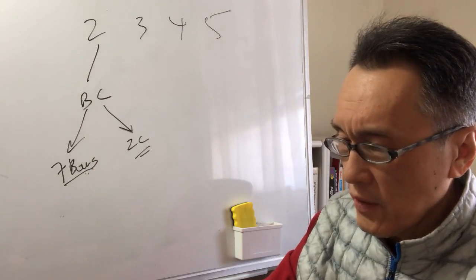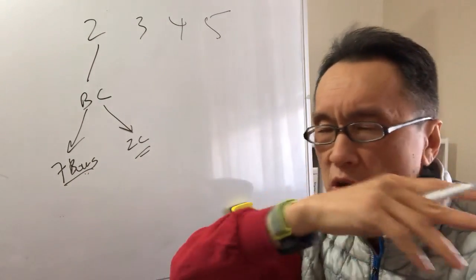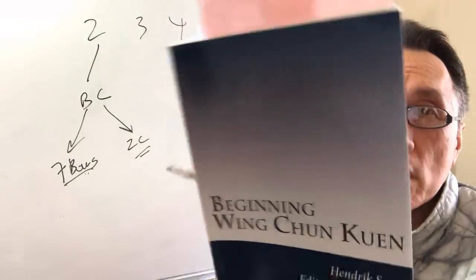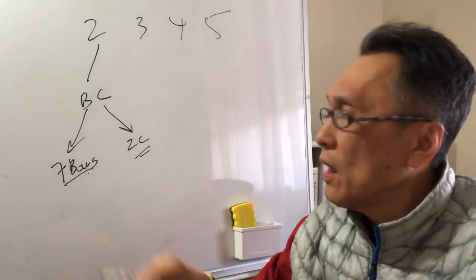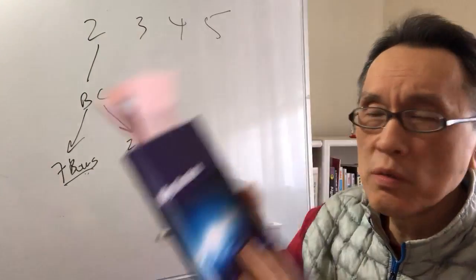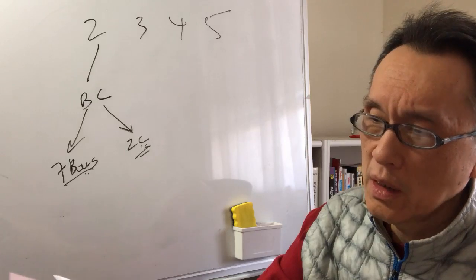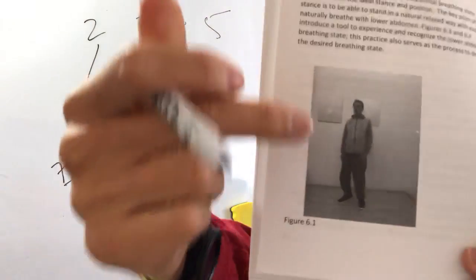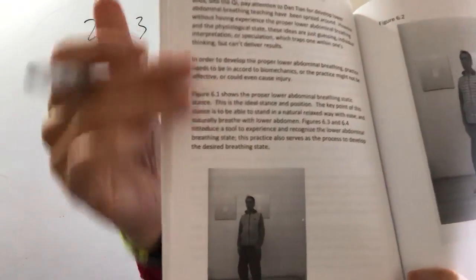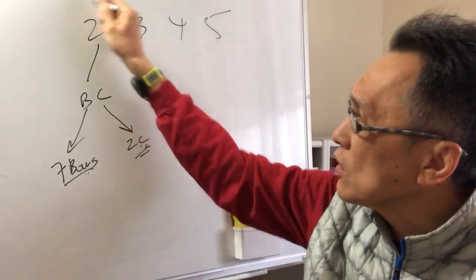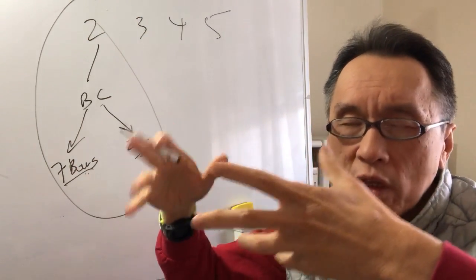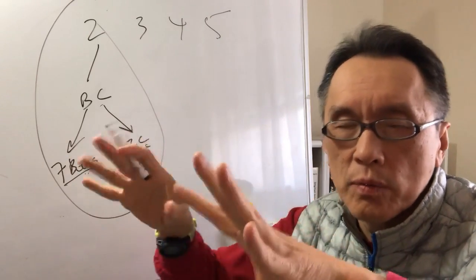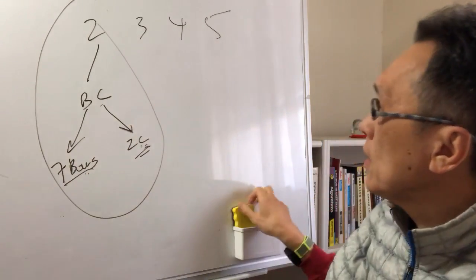If you watch my video a few days ago, or in the beginning Wing Chun book, you see all kinds of detailed description there. This 2C state is in the Wing Chun matrix works as well. So this is the 2, the body conditioning. If we need to race a car, we need to put the car in a good condition.